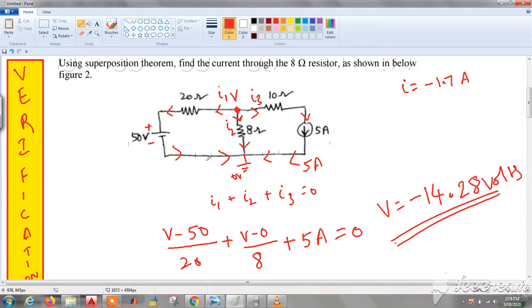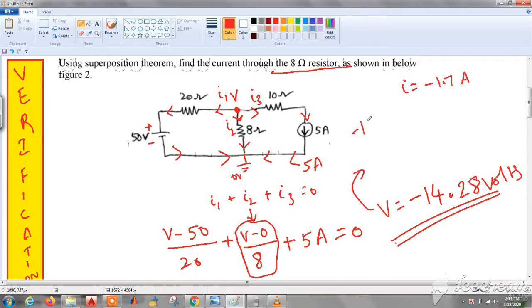Now in this question, what were we verifying by nodal analysis? We were verifying the current flowing through the 8 ohm resistor, and we have assumed current I2 is flowing through the 8 ohm resistor. And what is I2? I2 is V minus 0 by 8, that is V by 8. So simply plug in the value of V in V by 8, you will get your result.